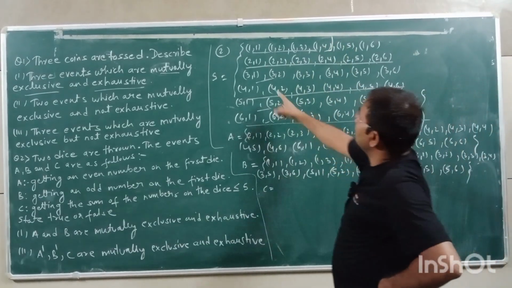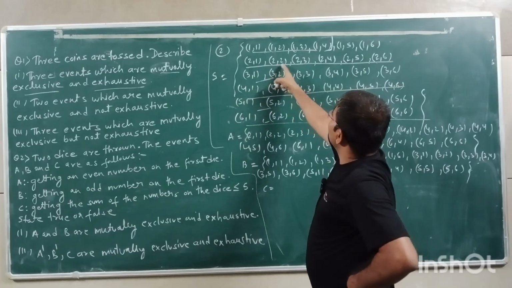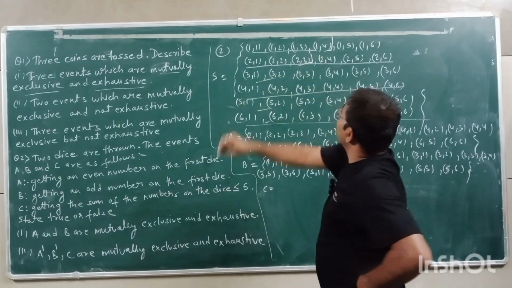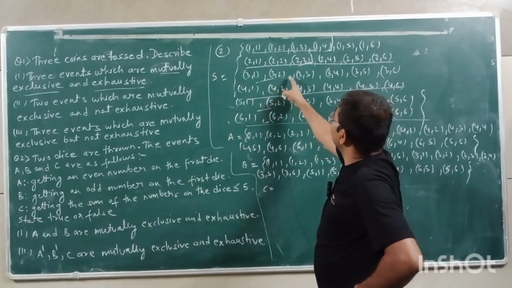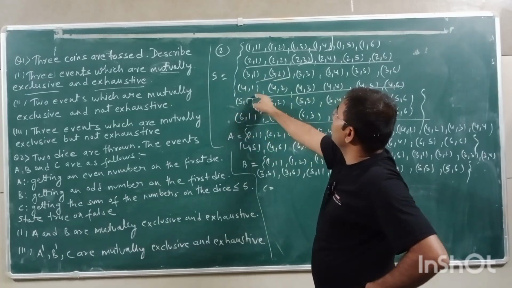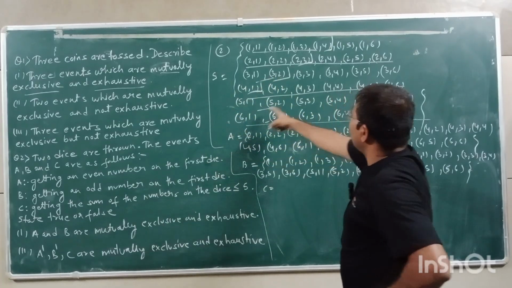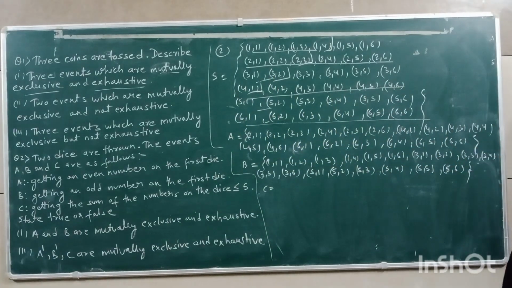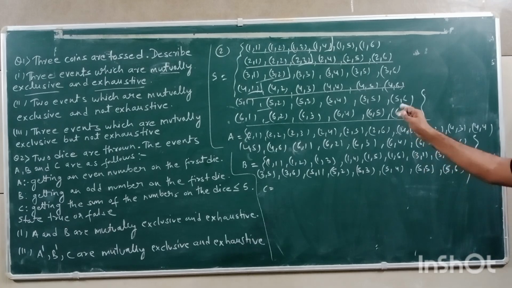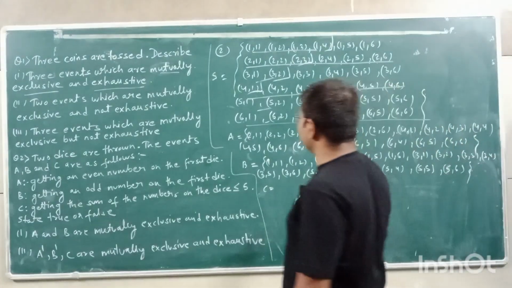Now 2 comma 1, 2 comma 2, 2 comma 3. Up to here you will take 3 comma 1, 3 comma 2. Up to here you will take 4 comma 1. After this, all sums will be greater than 5.